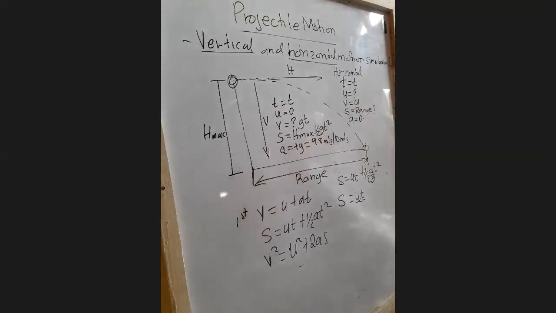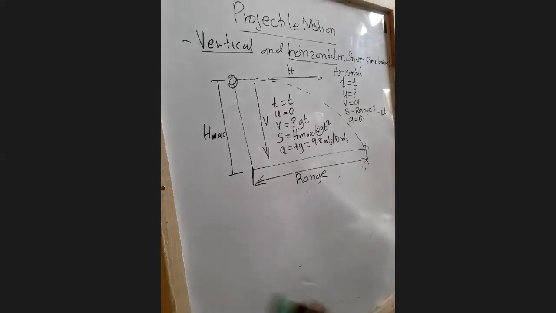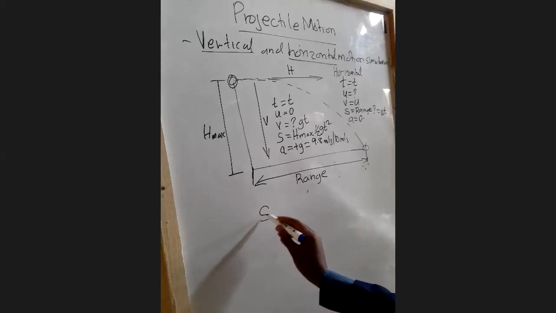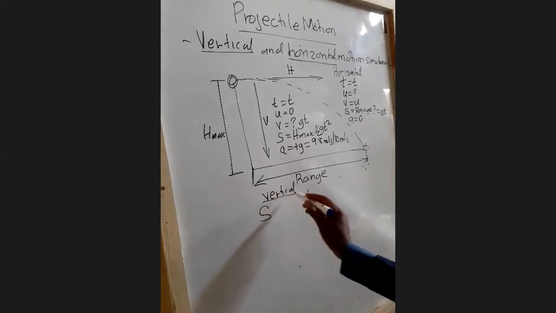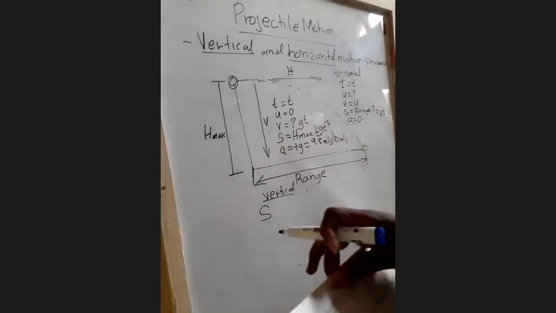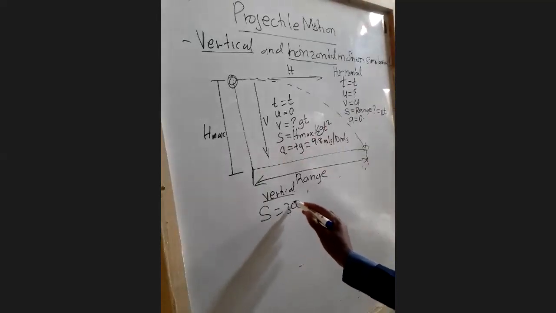So for vertical motion, we have been given S, the height from which it was released, to be 300 meters.